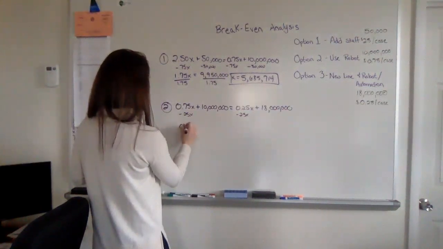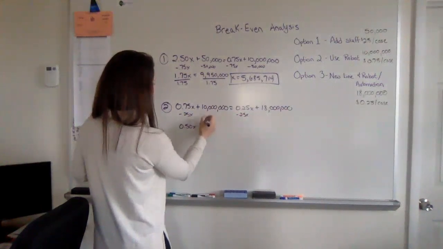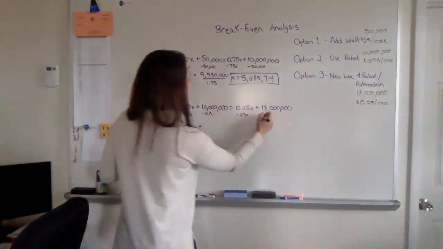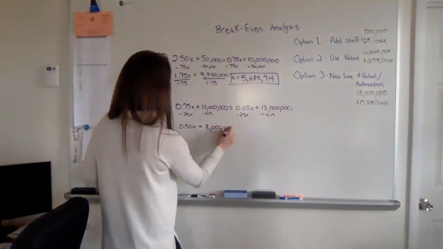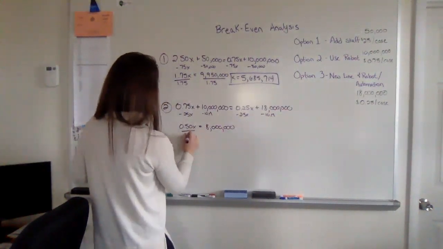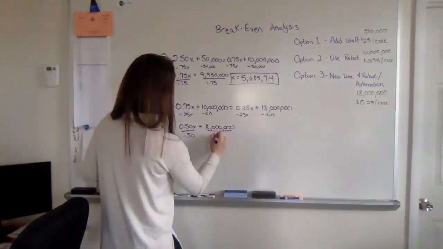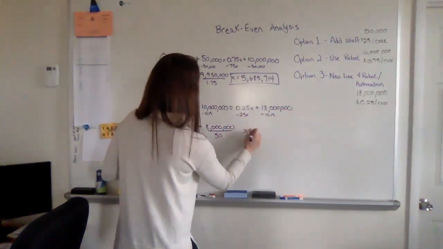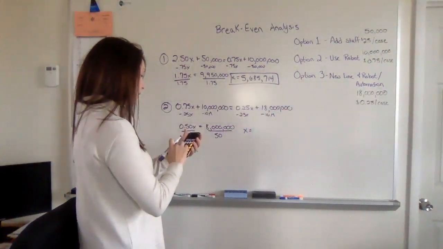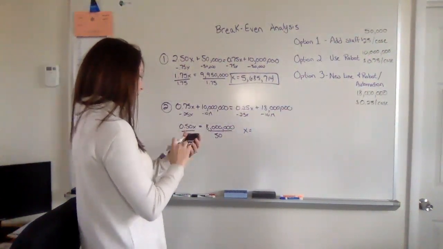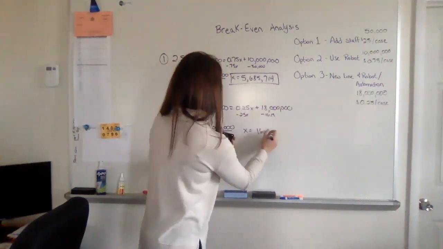That is going to be 50 cents. And then we're going to minus the 10 million here. That's going to give us 8 million, divided by 0.5. Our break-even point here is 16 million.